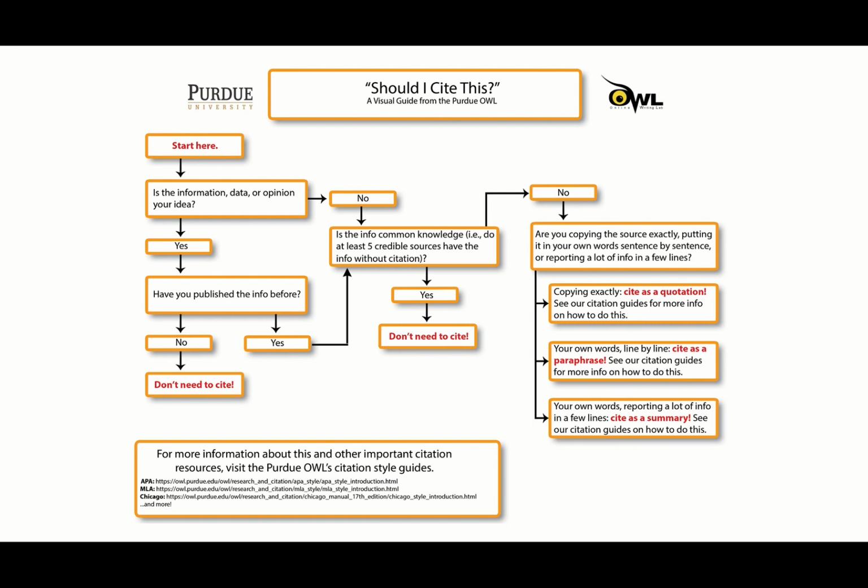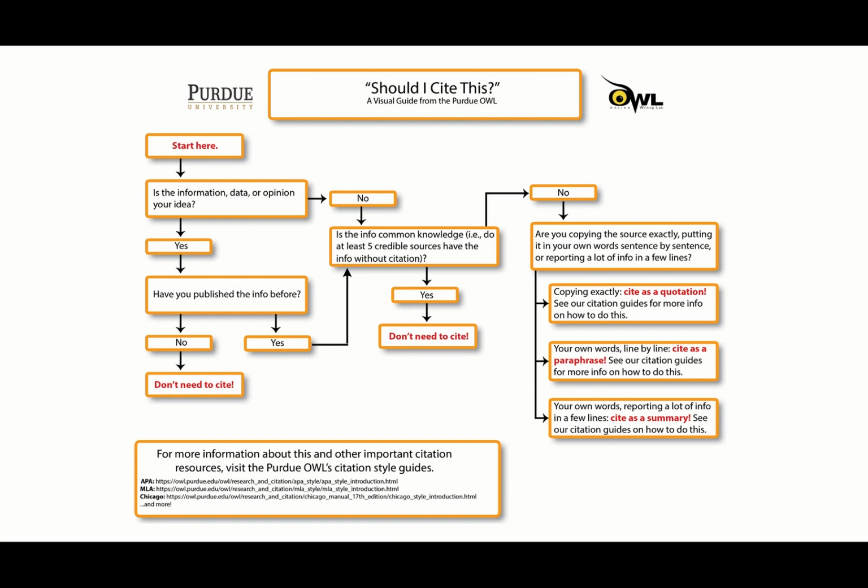So an example of that would be if you were providing background information on your specific expertise on a topic. So think about, for example, for this upcoming speech assignment, if you state which technical program you're in, you're not going to need to cite that information because that is your own personal information.